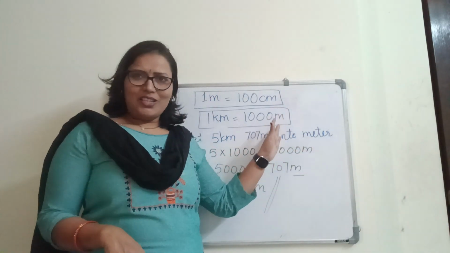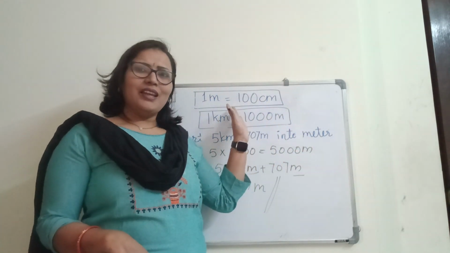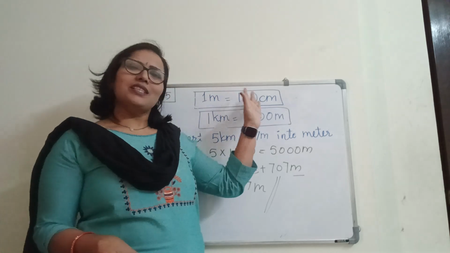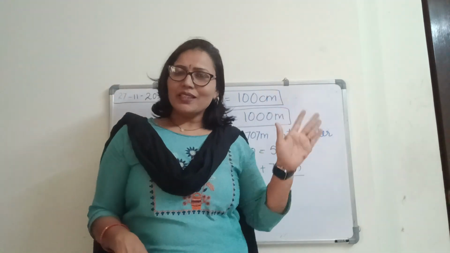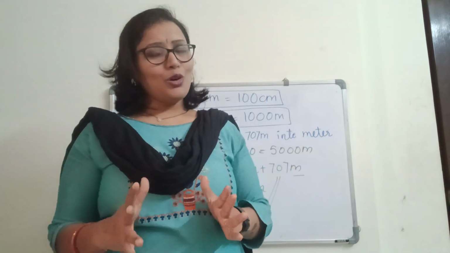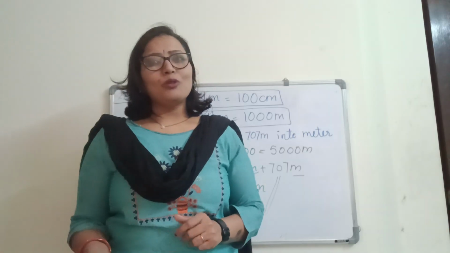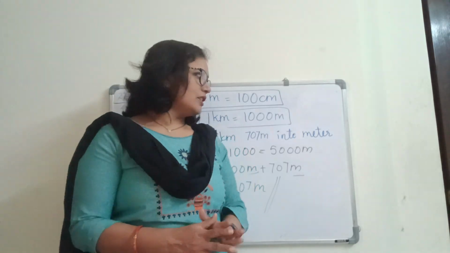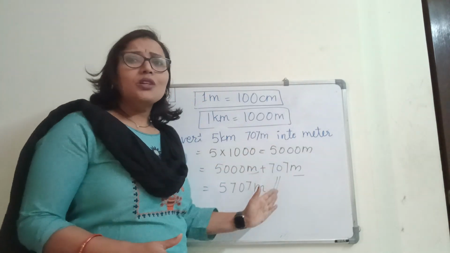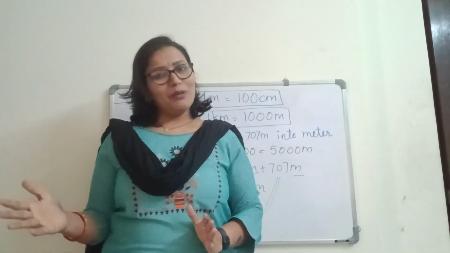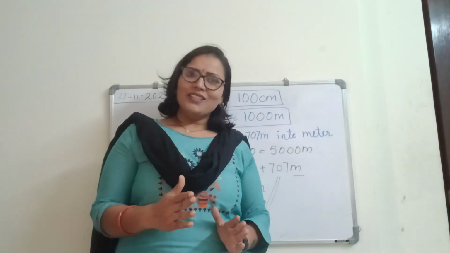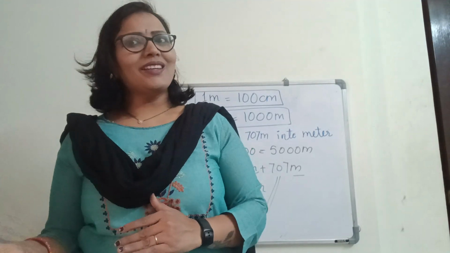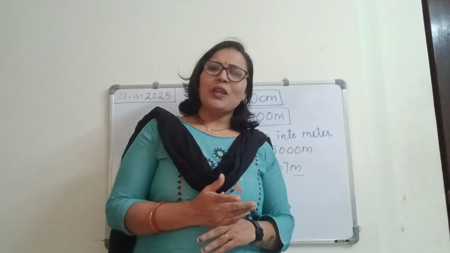So we saw the relation between meter and kilometer and between meter and centimeter. Using these formulas, we saw how to convert meter into centimeter, centimeter into meter, meter into kilometer and kilometer into meter.